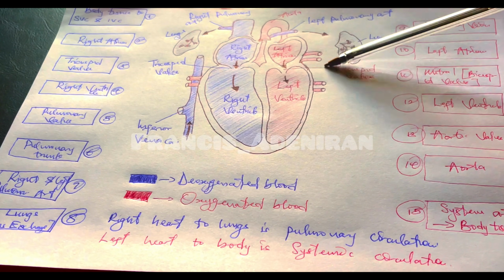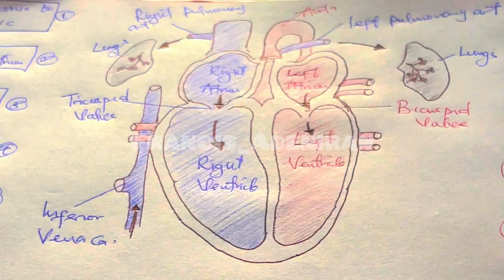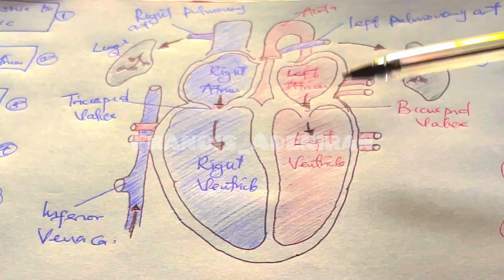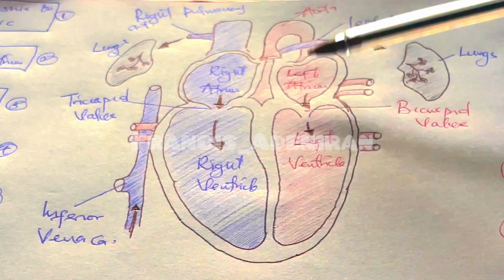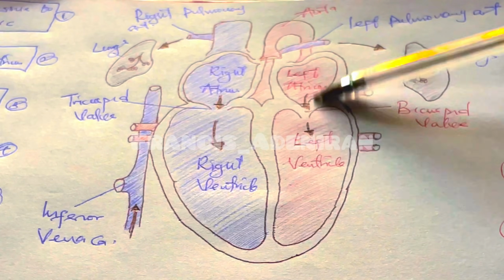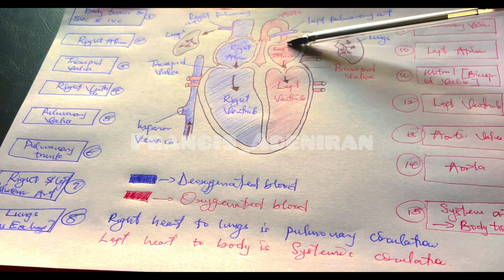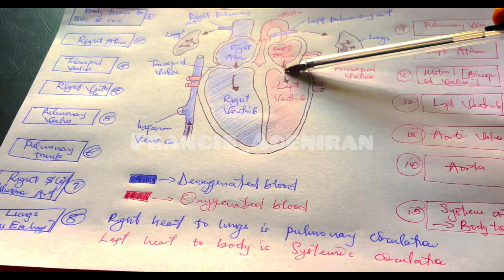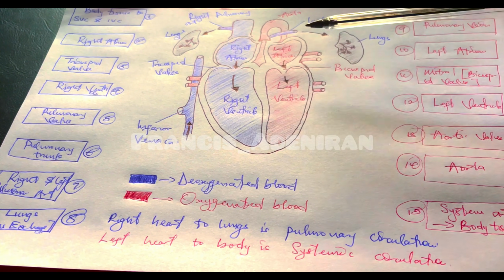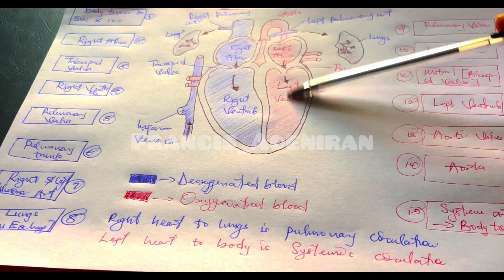So here is the pulmonary vein returning oxygenated blood to the left atrium. From this left atrium, it moves to the left ventricle through what we call the mitral valve or the bicuspid valve.